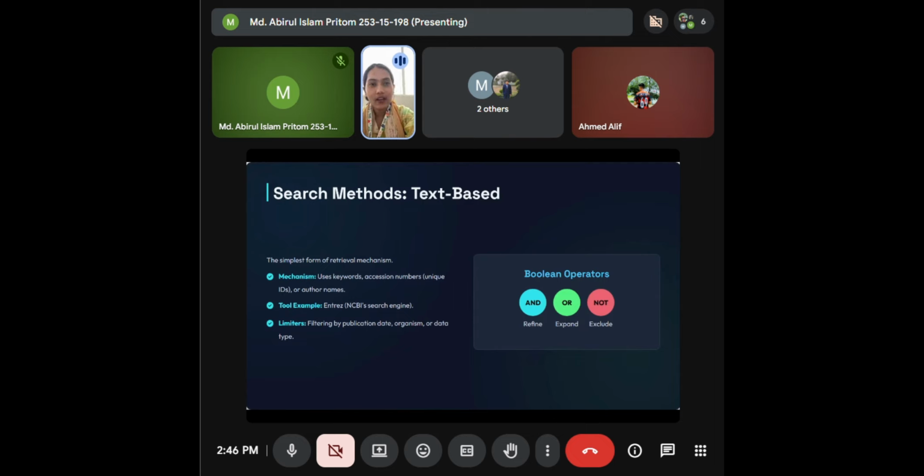We can also use Boolean operators like AND, OR, and NOT to refine our search. For instance, cancer AND protein will show results that include both terms, while cancer NOT virus will exclude virus related studies. Text based searching is quick, effective, and forms the foundation of all other search techniques.